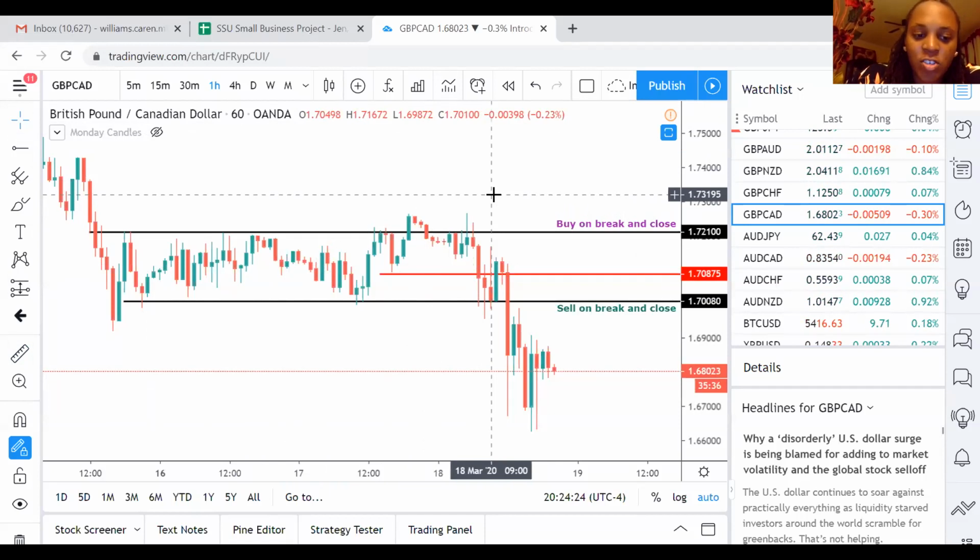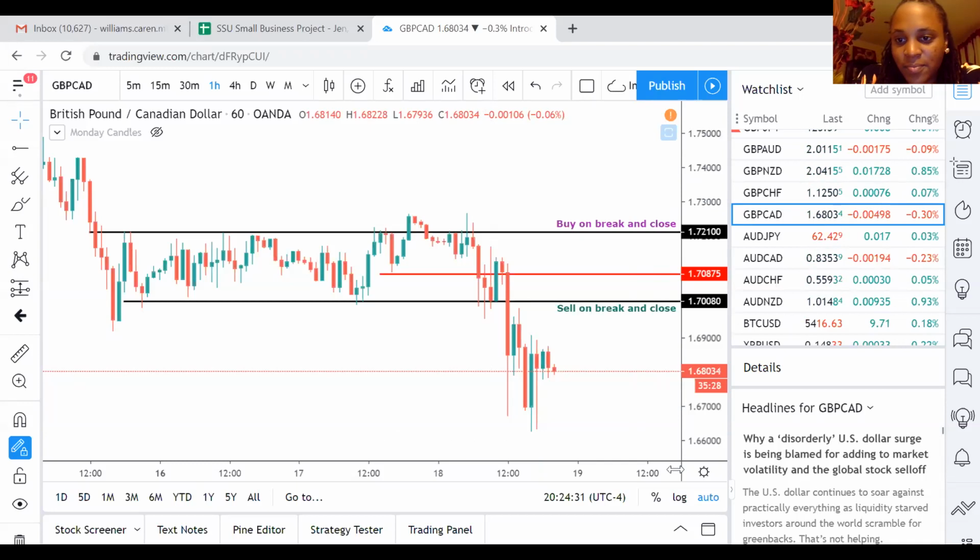If you've made $100 and up this week, I want you to type pips in the chat box. If you've made over $100 and up week to date, just type pips in the chat box.